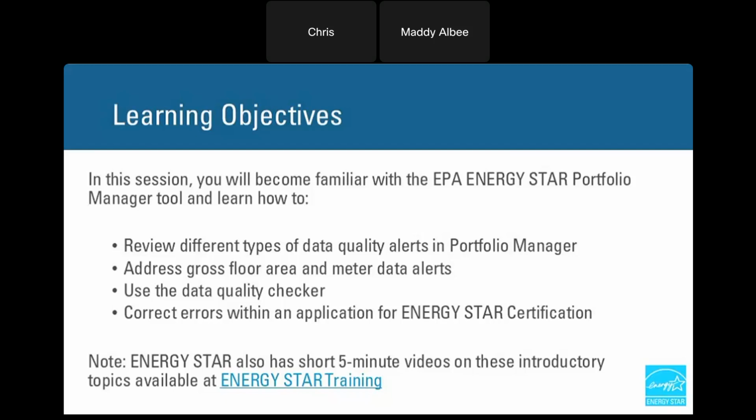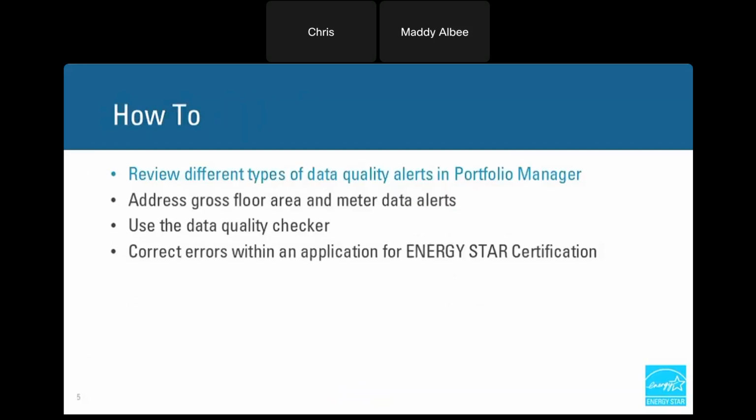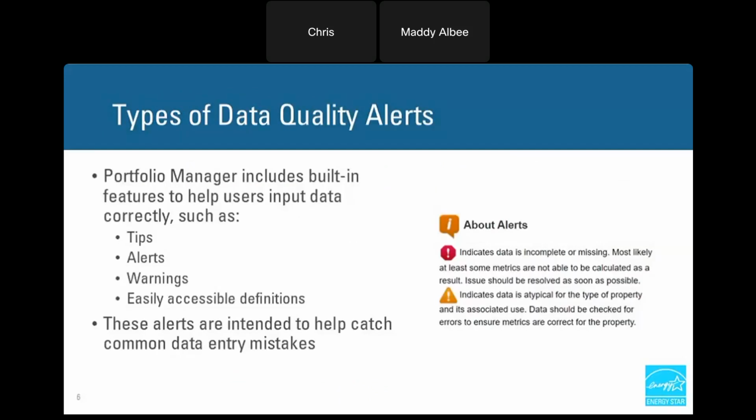Alrighty. So we'll start with today's first learning objective, which is reviewing different types of data quality alerts in Portfolio Manager. If you've used the tool or already benchmarked your property, you might have already noticed that Portfolio Manager does provide guidance as you're benchmarking in the form of these alerts, in the form of tips, and some easily accessible definitions.